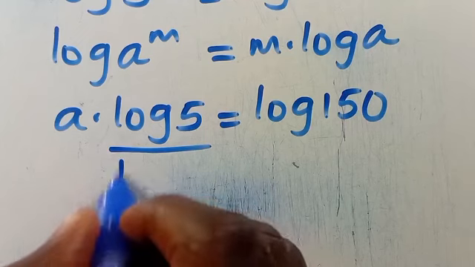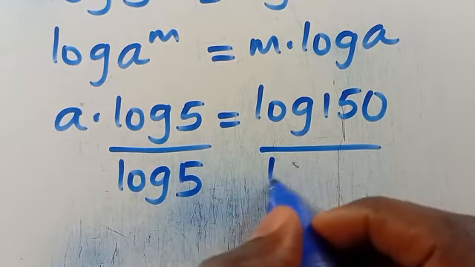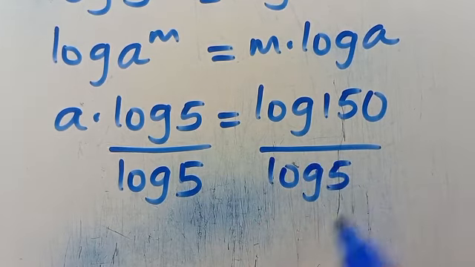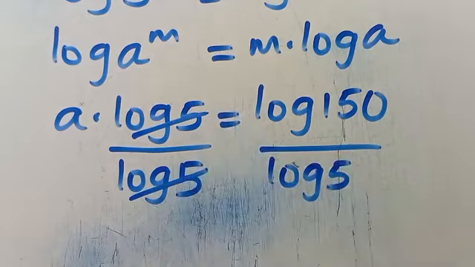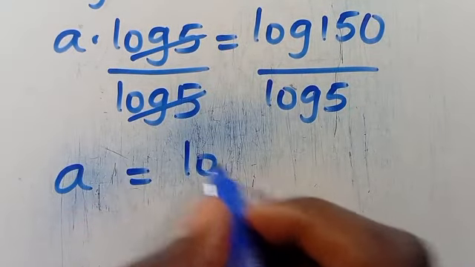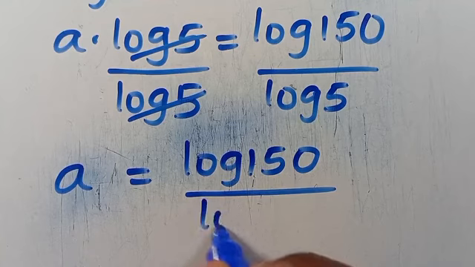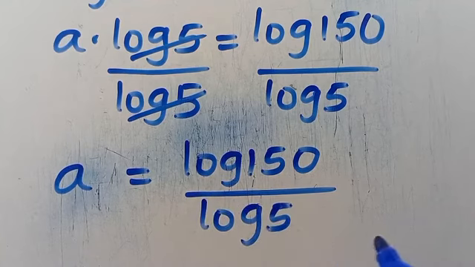So dividing through by log 5, we cancel out this, so we have a equals log 150 divided by log 5.